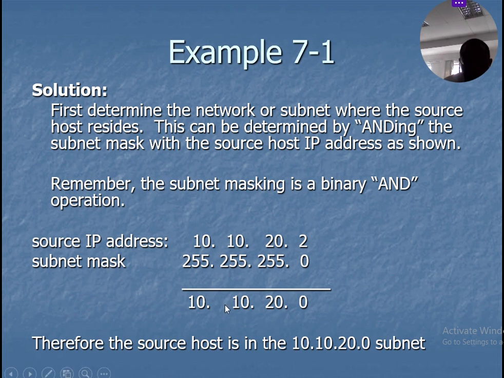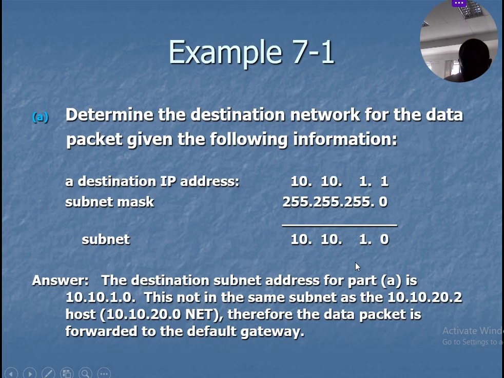For the host, we got the subnet for the source IP address, 10.10.20.0. Now for this particular destination, we got 10.10.1.0. So it means that this data packet, because of this subnet that we've calculated, will be forwarded to a computer in another local area network.